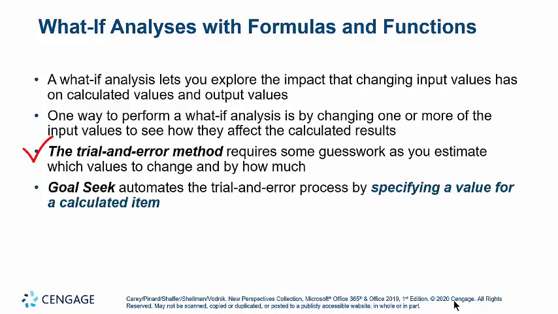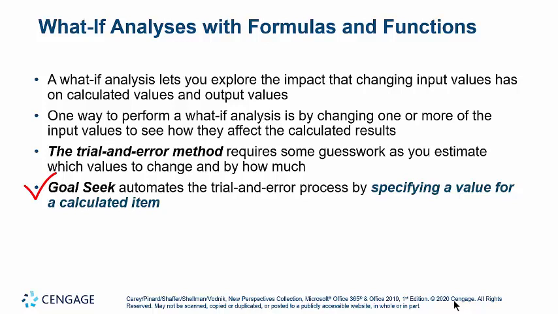To perform what-if analysis by trial and error, we change the value of a worksheet cell, an input cell, and then observe its impact on one or more of the calculated cells, called the result cells. And we do this until we achieve the results we're looking for. So the trial and error method requires some guesswork as you estimate which values to change and by how much. You will practice this in Module 3 by changing the number of operators available.